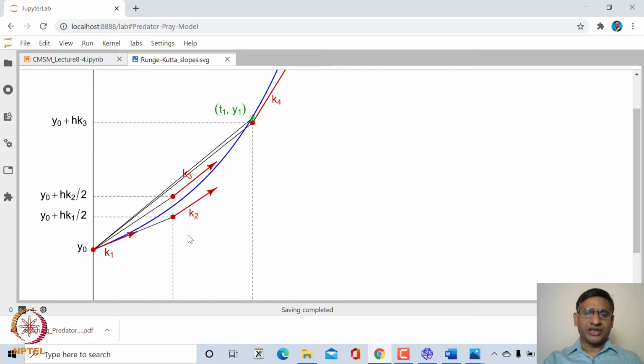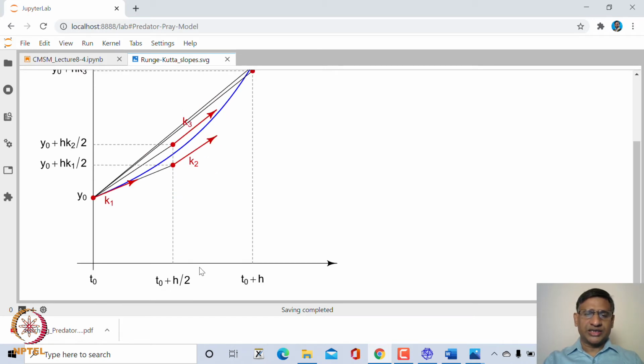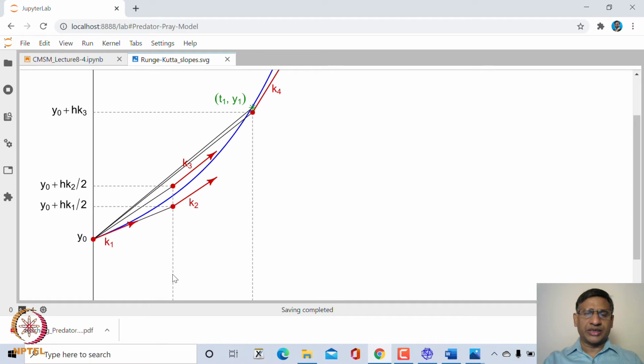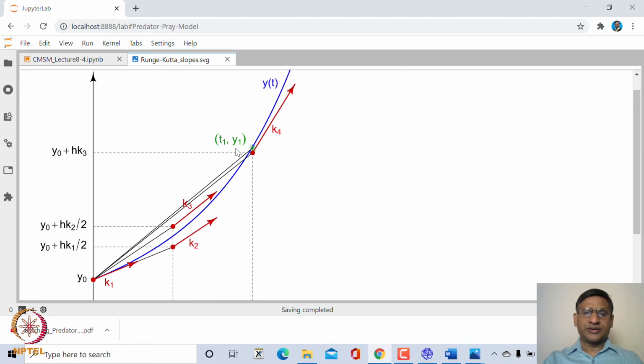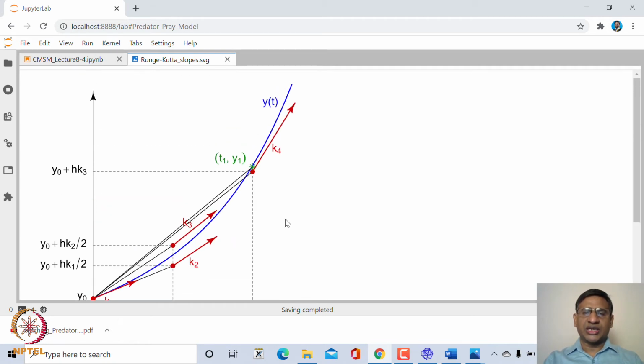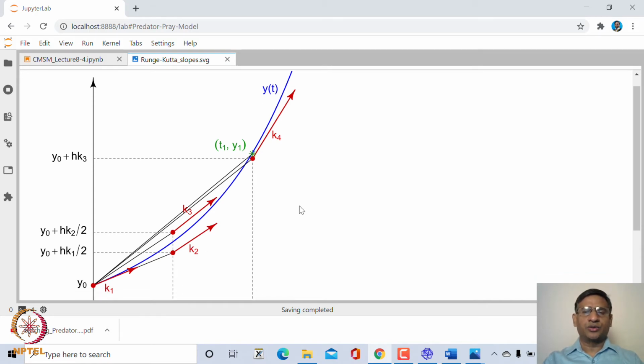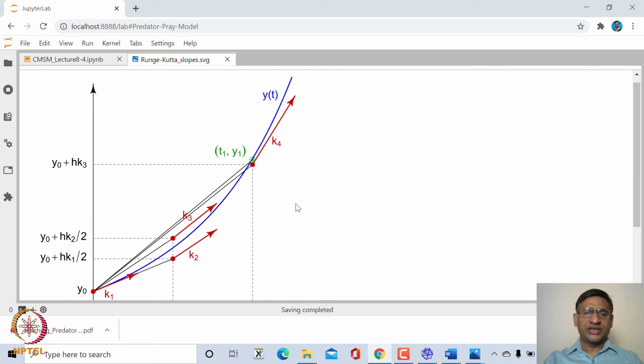Going half of the step length to t naught plus h by 2, this is your point here, y naught plus h times k1 by 2, and this is the slope k2. This is how you define k2. Similarly, you take y naught plus h k2 by 2, and at this point you define the slope as k3, and then you have this point which is y naught plus h k3 at t naught plus h, and then you define the slope k4, and then take a weighted average of these k1, k2, k3, k4. So that is how it is defined geometrically.